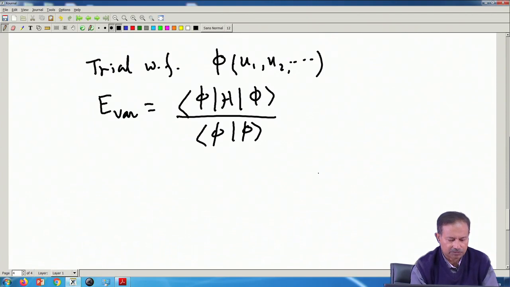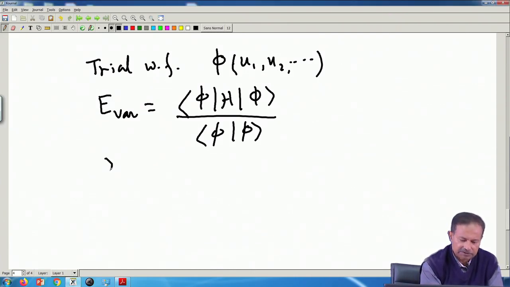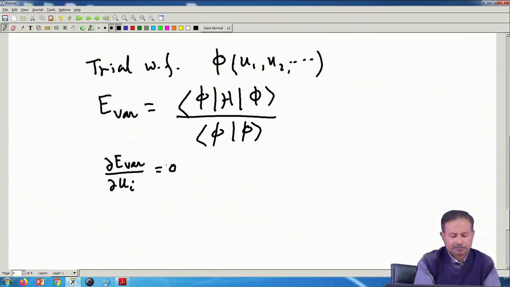Now, this quantity is of course a function of all these parameters u1, u2, u3 and so on. So, what one does then is minimize, extremize the variational energy with respect to this u i and then set it to 0. So, that is the extremum condition, and then this will give me as many equations as there are u's.